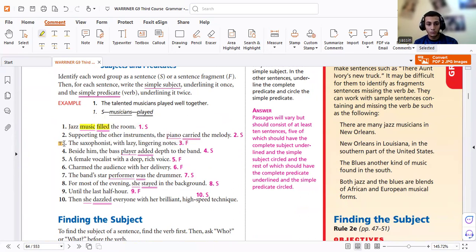But here, why is it a fragment? What does it lack? We don't have the verb. We don't have a complete meaning.